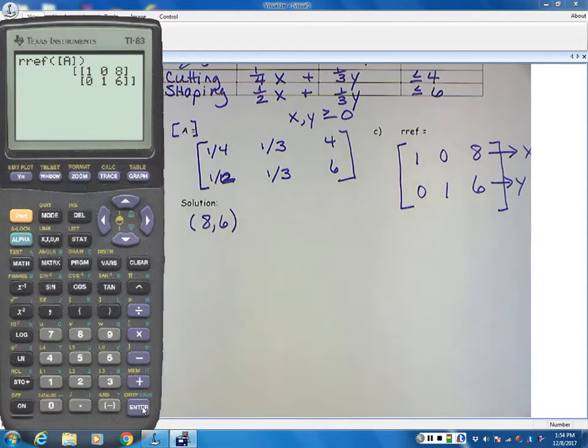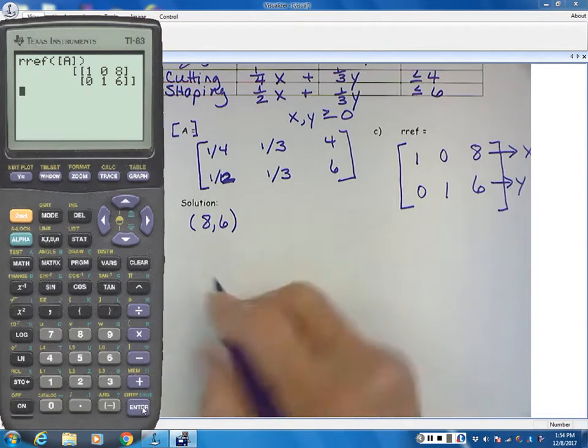And even though the solution is 8,6 as an ordered pair, you need to explain what that means.